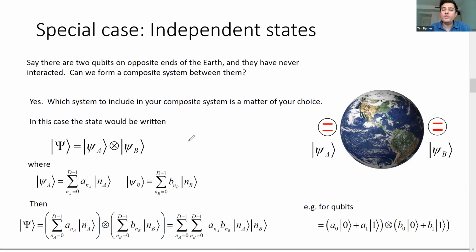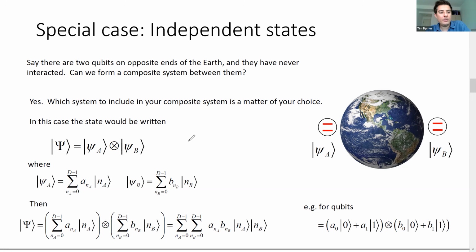Intuitively you would think that you don't need to, because it's very far away and nothing got to do with my qubit, which is over here.